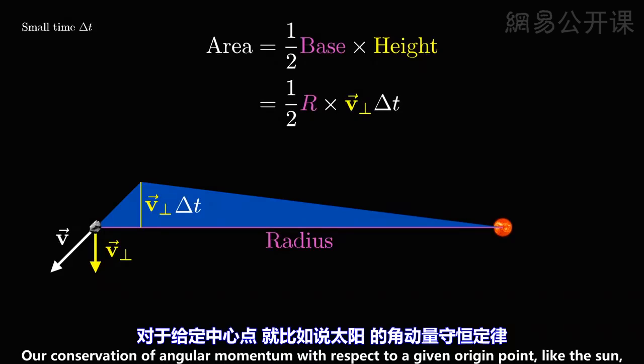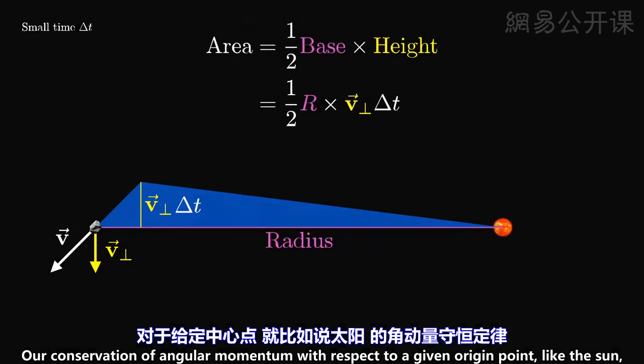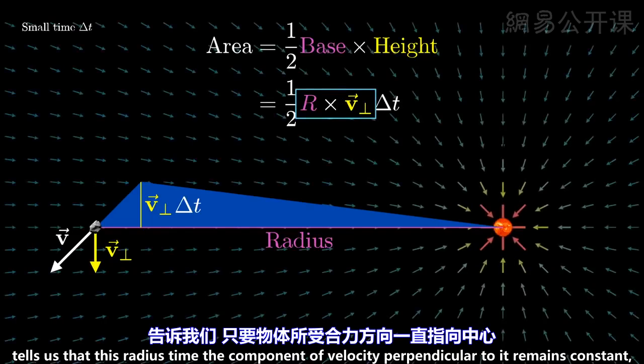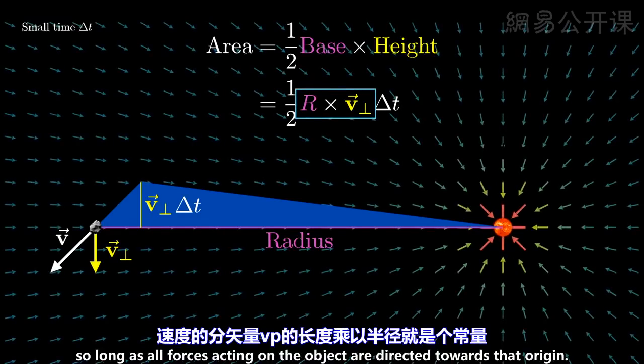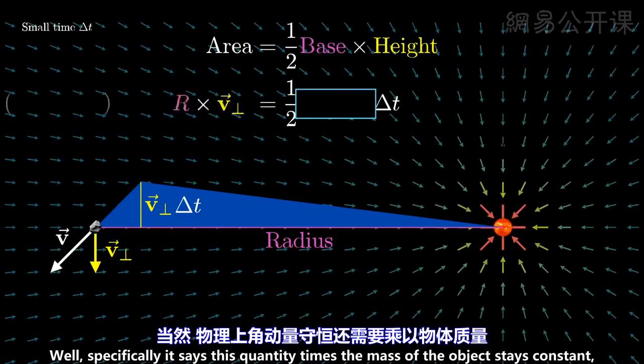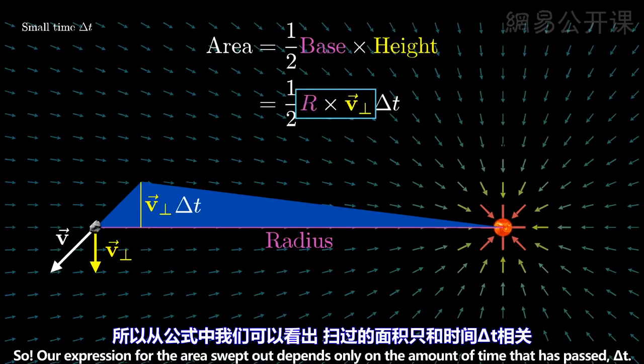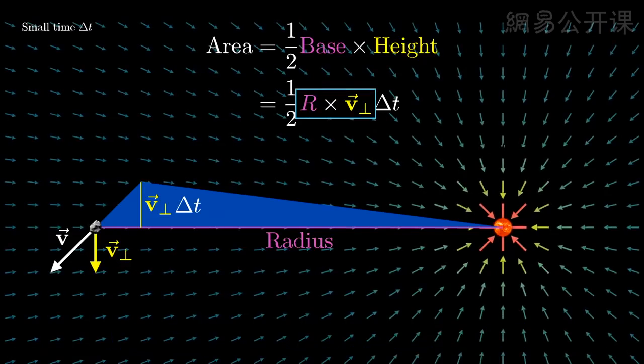Now, conservation of angular momentum with respect to a given origin point, like this sun, tells us that this radius times the component of velocity perpendicular to it remains constant, so long as all the forces acting on the object are directed towards that origin. Well, specifically, it says that this quantity times the mass of the object stays constant, but the mass of the orbiting object isn't going to be changing. So, our expression for the area swept out depends only on the amount of time that has passed, delta t.